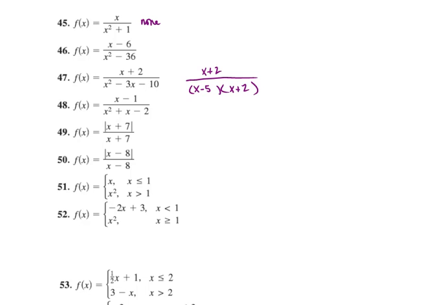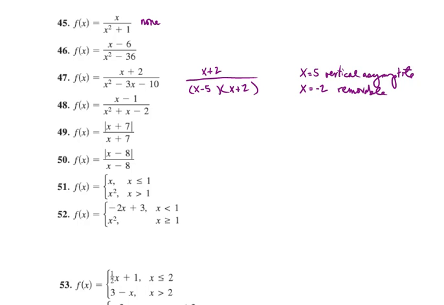The x plus 2's cancel, and so this will be another case that will have two types of discontinuities. At x equals 5, we'll have a vertical asymptote, and at x equals -2, we have a removable discontinuity.